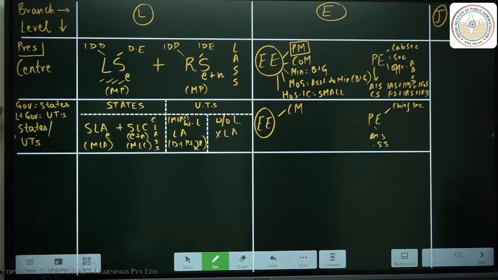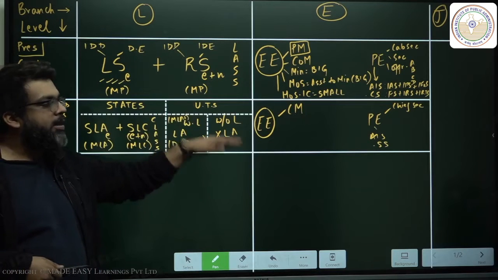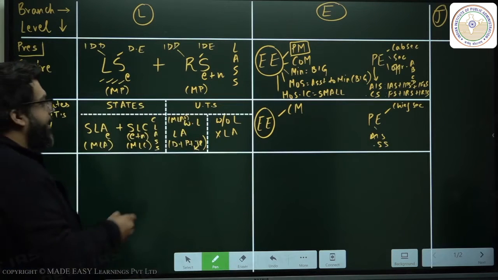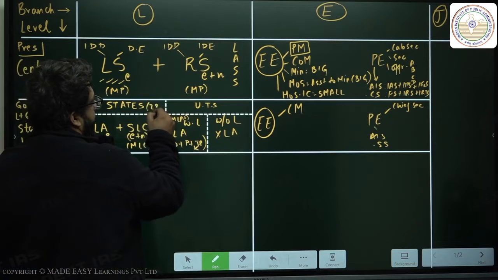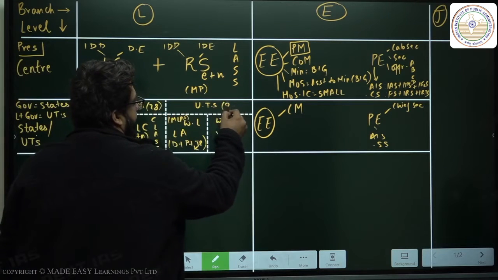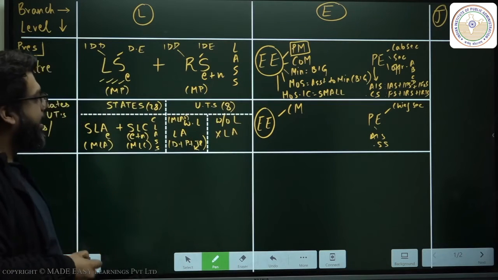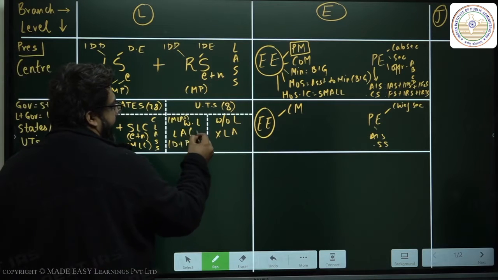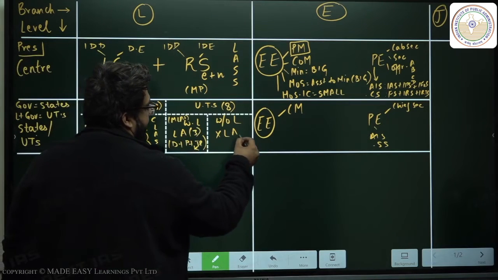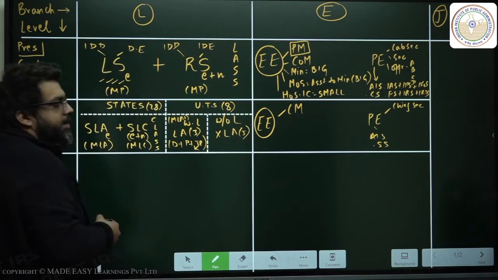You're either a state or a union territory. If you're a union territory, it might be with legislature or without legislature. In India, you have at the moment 28 states and 8 union territories, out of which 3 have legislative assemblies and 5 union territories don't.